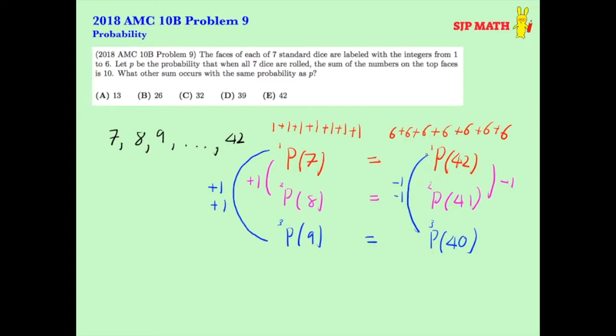So the nth smallest possible sum has the same probability as the nth largest possible sum.